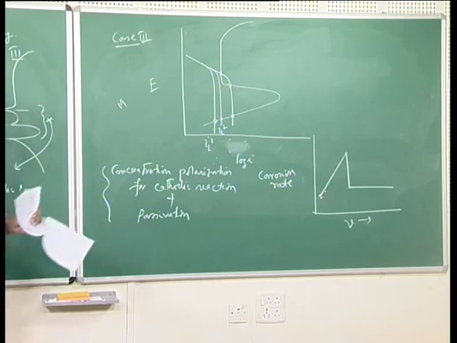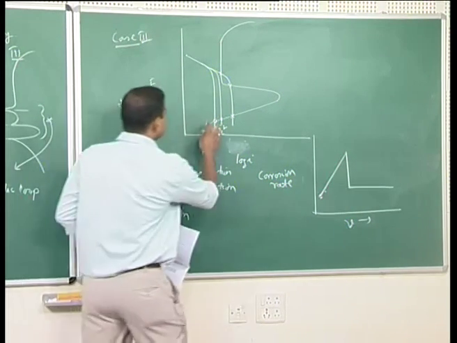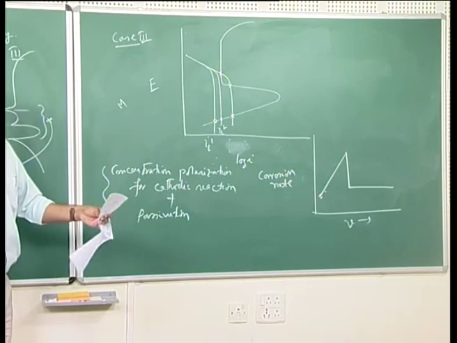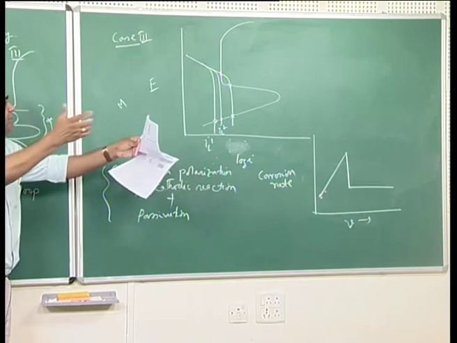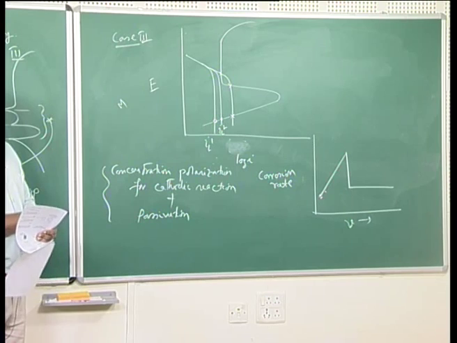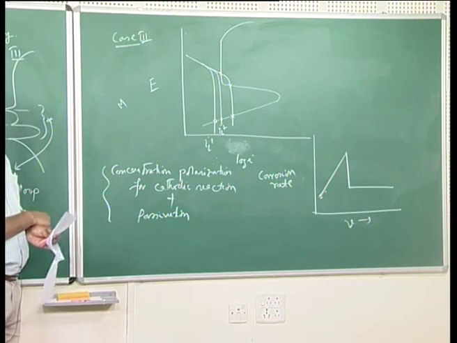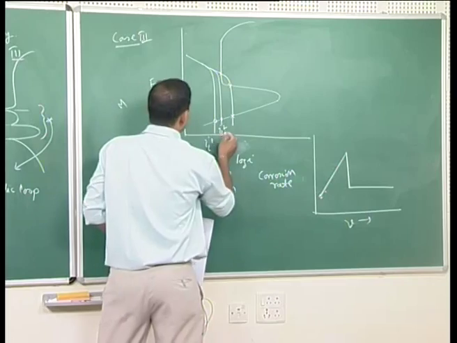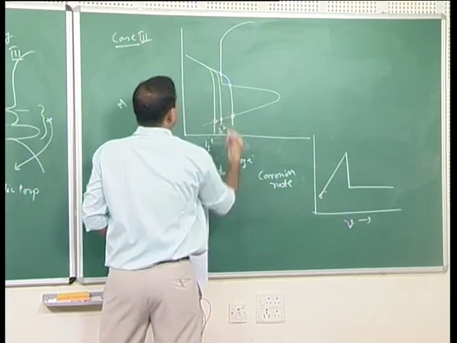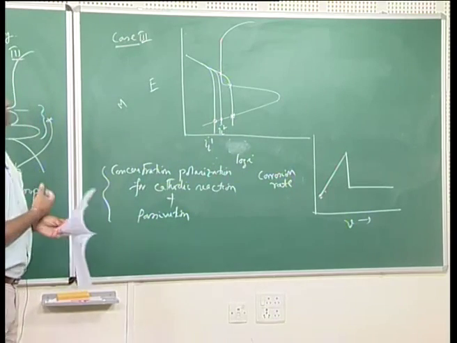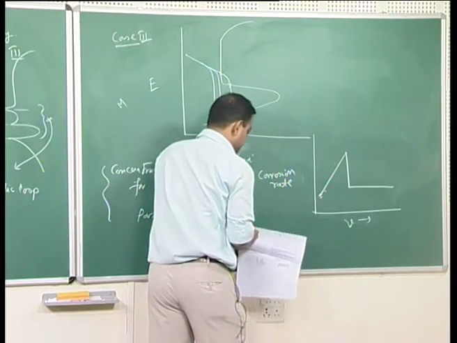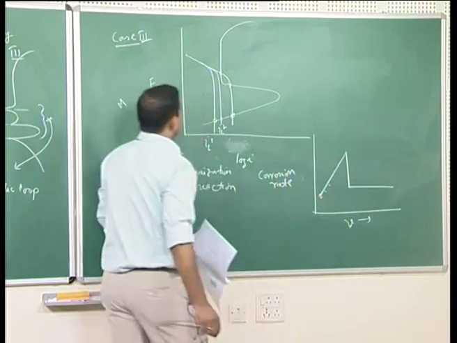If there is no surface layer, until the metal reaches here, it cannot form any passive layer. So, it will still remain active. In that case, if you start with a fresh metal, then my corrosion rate would be this point, and the other 2 points will not be considered. So, my corrosion rate again I am increasing. So, my corrosion rate would be this.